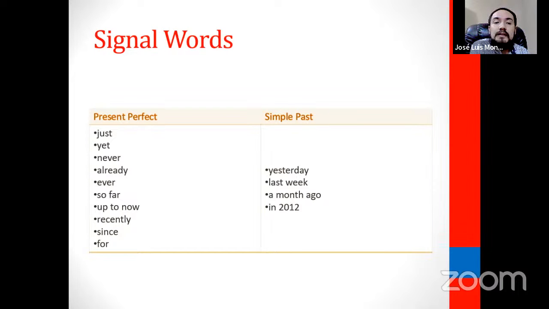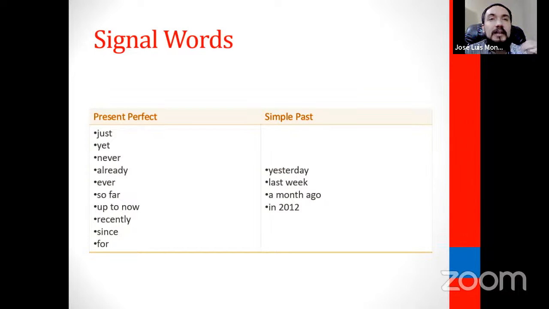So we use the present perfect in most of these cases. Then recently, of course, something recent. Then you have since and for with a period of time, and we know how to use those. Since last week, since January, a specific starting point, but we don't know when it finished.